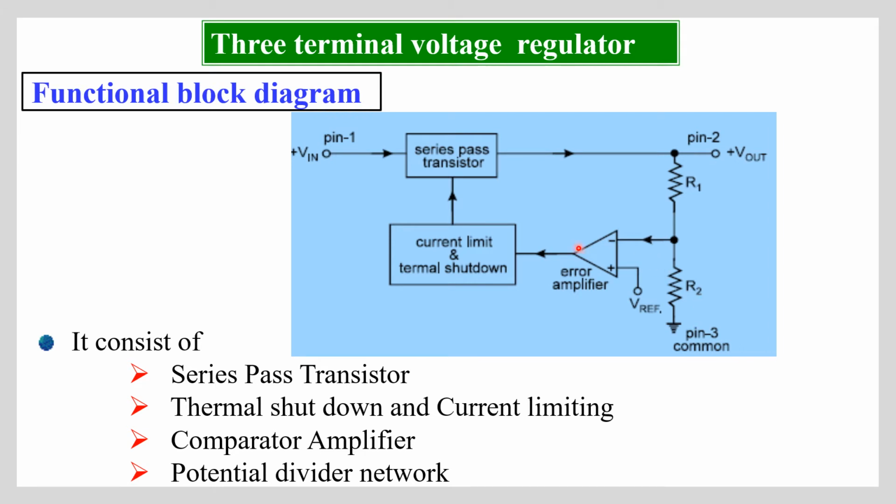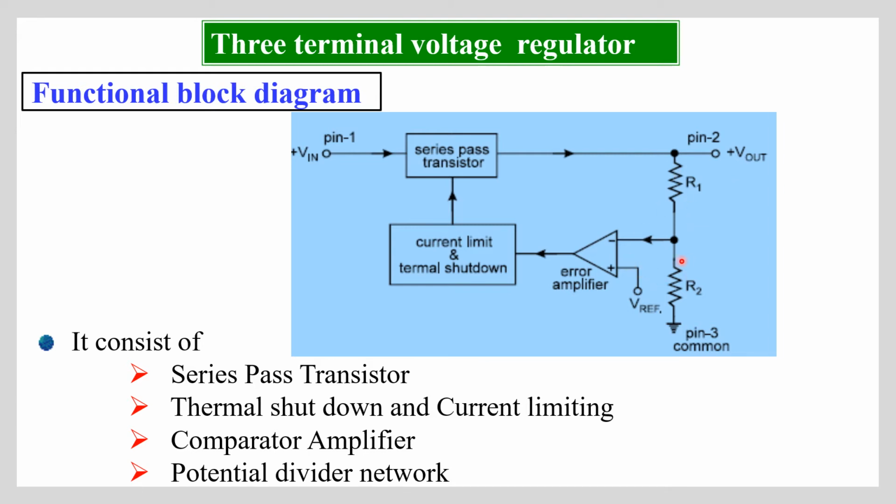So what is our aim? To keep the output voltage constant. But if it increases more than the required value, suppose we want 5 volt and it is giving us 6 volt, that is the more output voltage. Then the input potential of the comparator is also more.